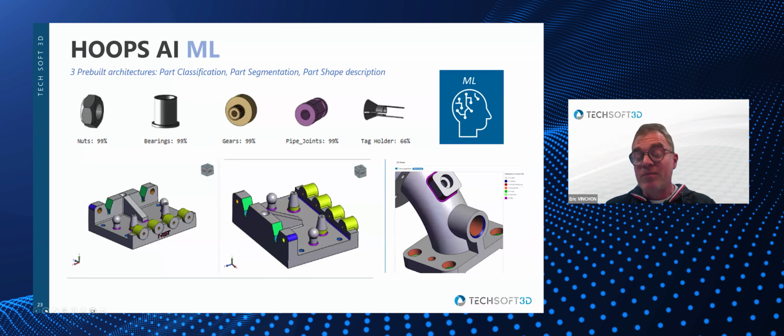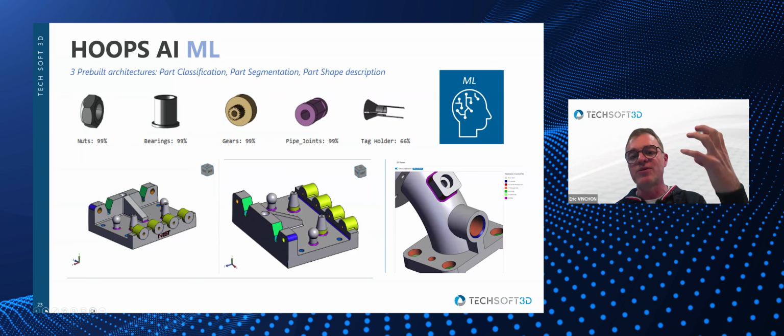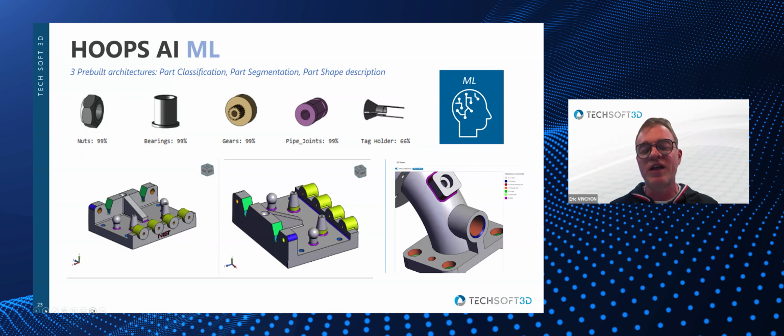We also deliver some machine learning architectures as part of this framework. So it's not just the tooling, it's also samples that you can leverage and tune. We've delivered two specific samples so far: one that takes parts and classifies them, and another one that can recognize manufacturing features. The quality, of course, depends on the data you're using to train this model and on the use case.